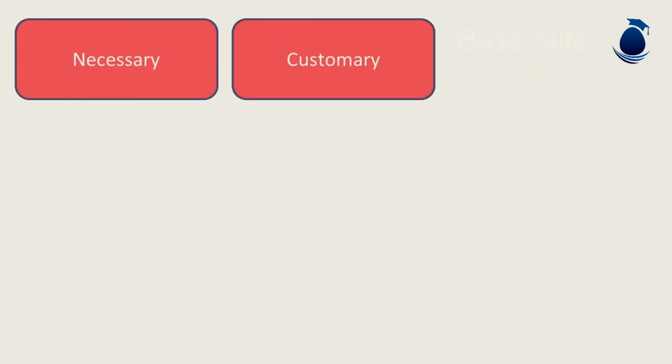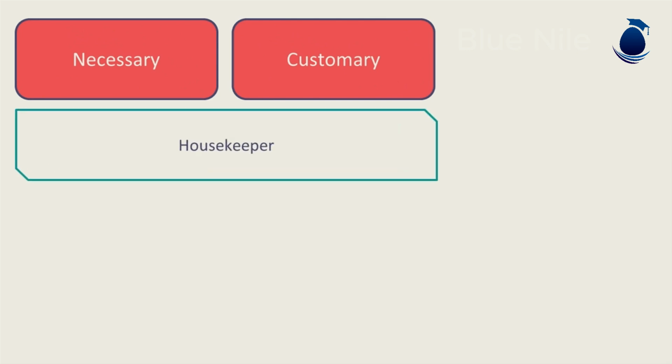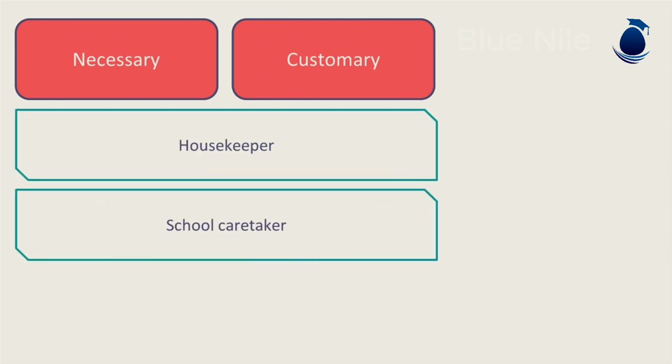Looking at the first two initially, as this is the most likely to be relevant, some good examples of situations where the accommodation would be job-related would be a housekeeper who works day and night, or a school caretaker who lives within the school grounds to patrol and keep the property safe 24 hours a day.